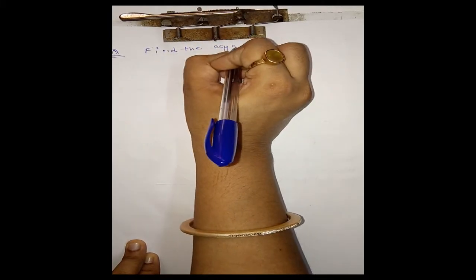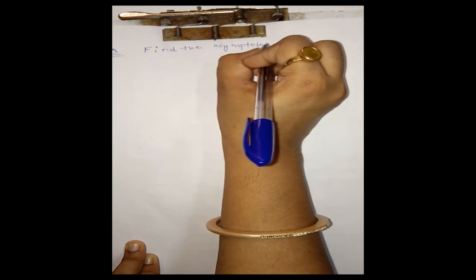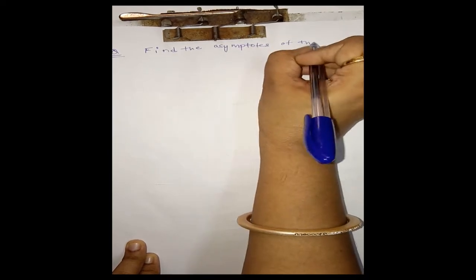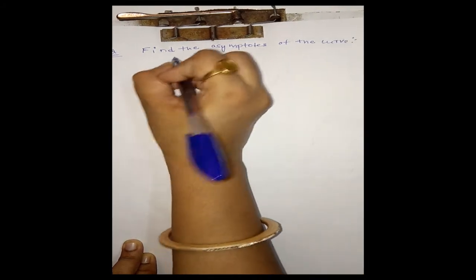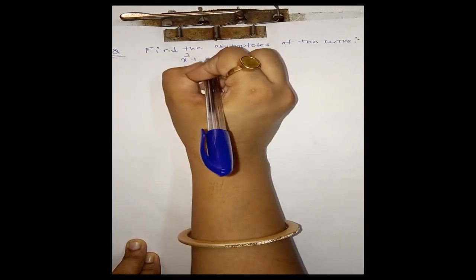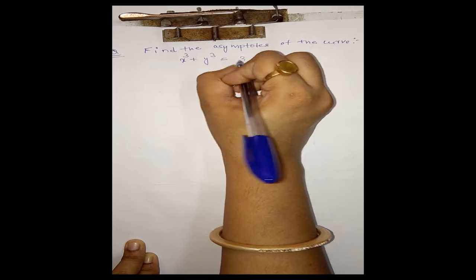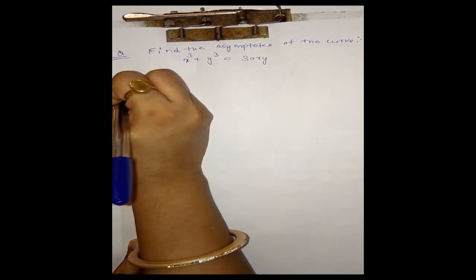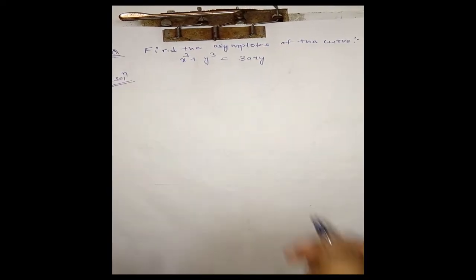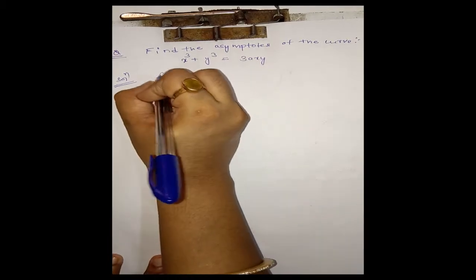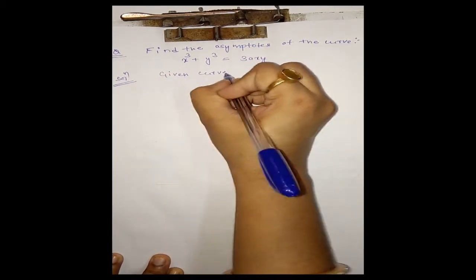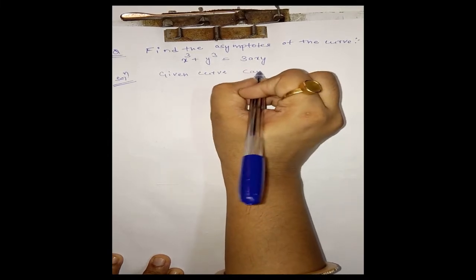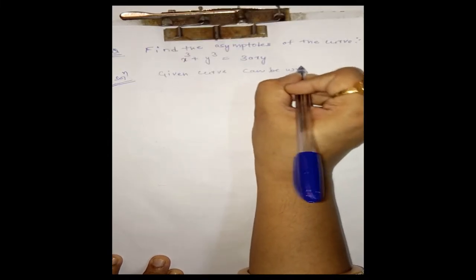Find the asymptotes of the curve x cube plus y cube is equal to 3axy. Let us find the asymptotes. Now this given curve can be written as follows.